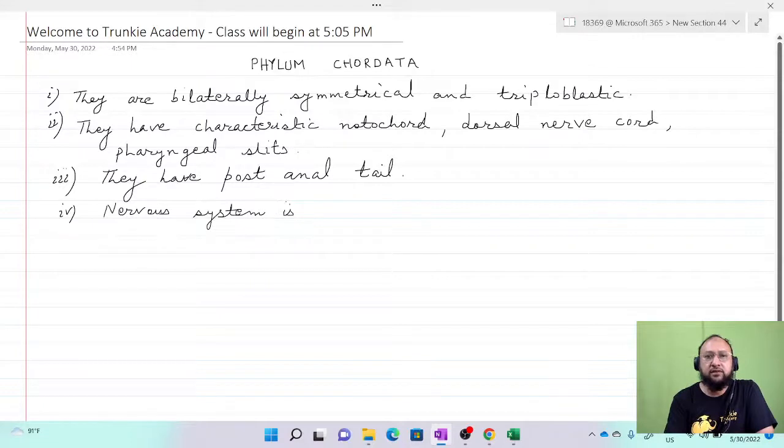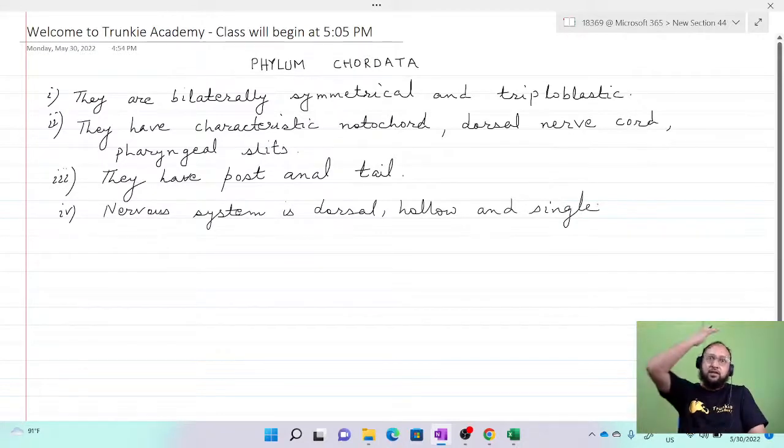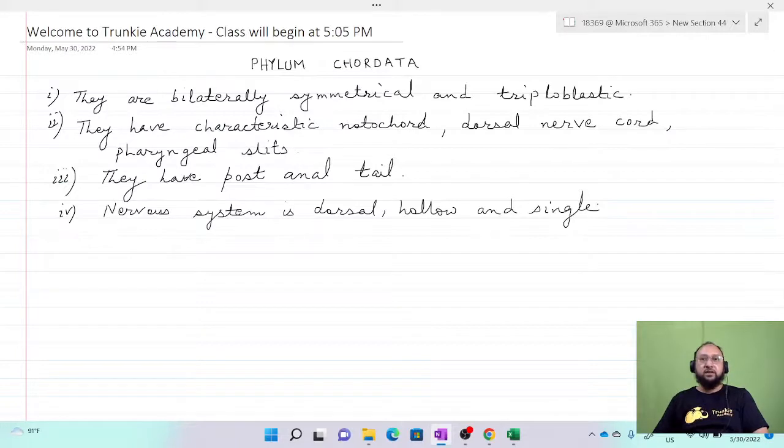We know that there is a brain within the skull, and from the base of the brain the spinal cord starts.